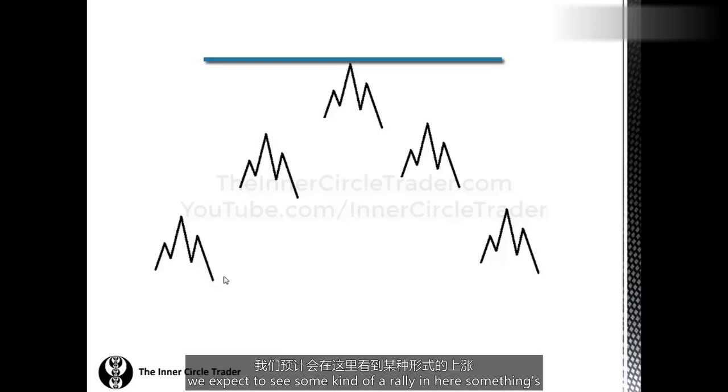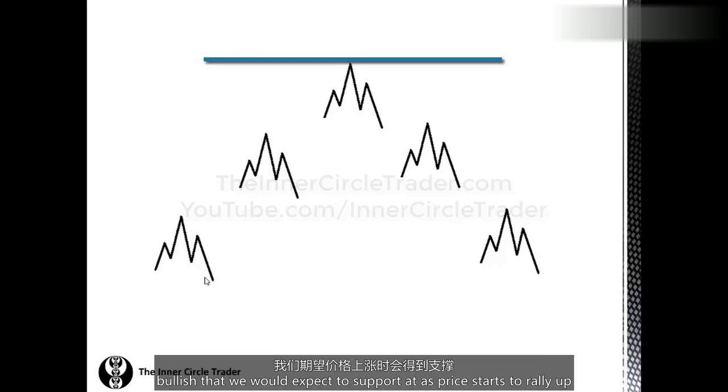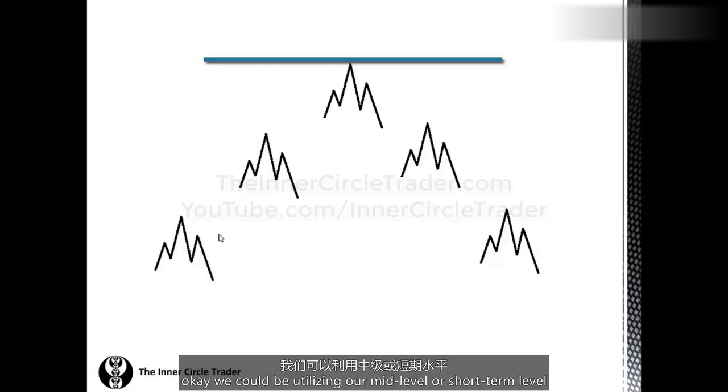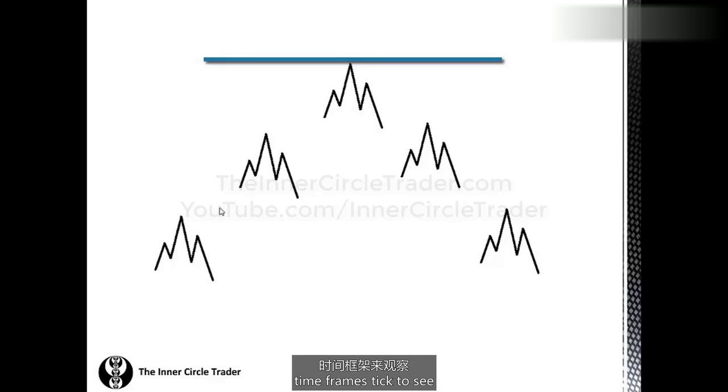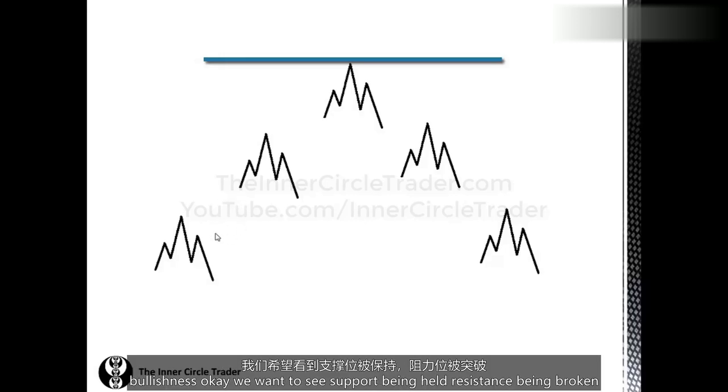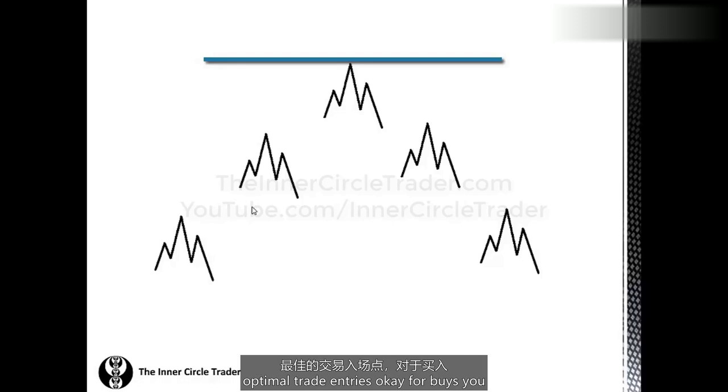If we expect to see some kind of a rally in here, something bullish that we would expect to support at, as price starts to rally up, we could be utilizing our mid-level or shorter-term time frames to see bullishness. We want to see support being held, resistance being broken. And every time price starts to pull back and retrace in here, the market structure concept that you would be utilizing would be to simply look for optimal trade entries.